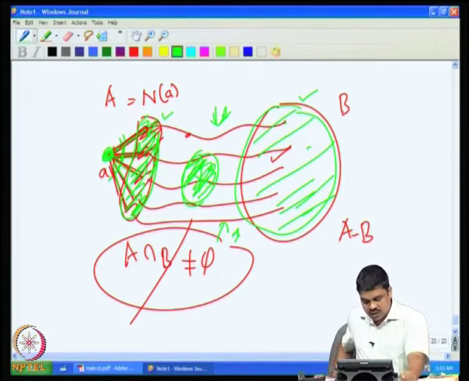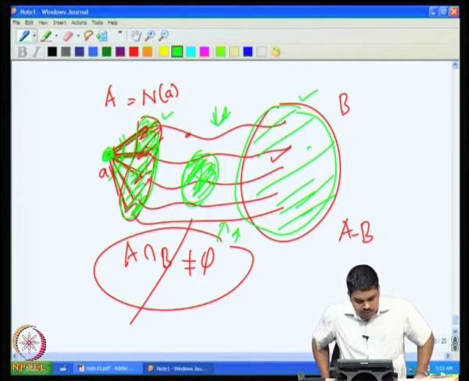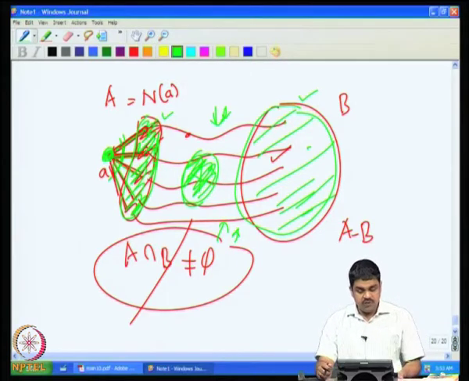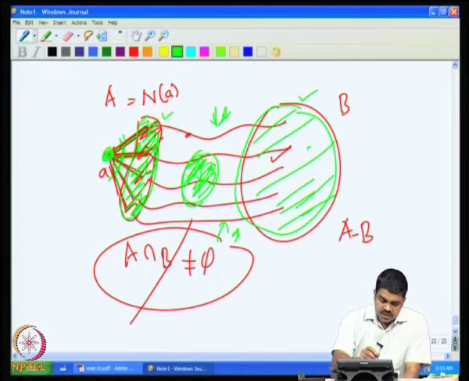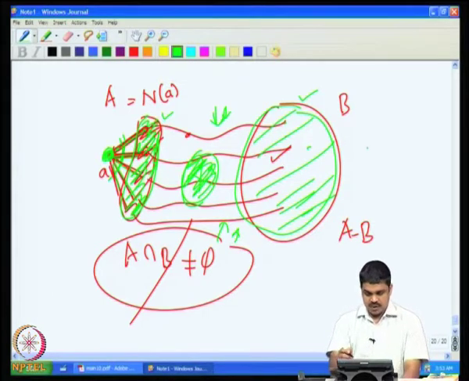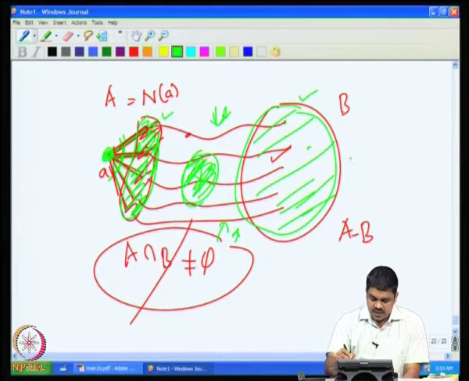And of course the other way: any collection of vertices that can separate A from this thing will necessarily have to separate this neighborhood from this, otherwise we still have a path. It's just a matter of carefully looking at it, it's very easy.